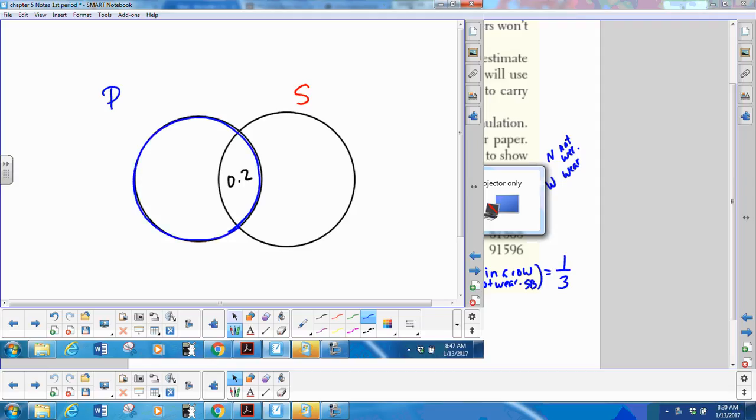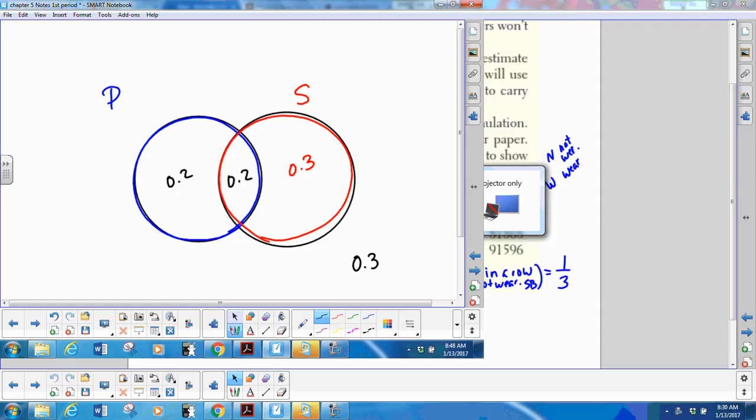So for right now, this has to equal 0.4. You have to look at it kind of holistically. The probability that Stanford will admit him is 0.5. And then, well, what does that leave? 4 and 3 is 7. So we're looking at 0.3 right there.